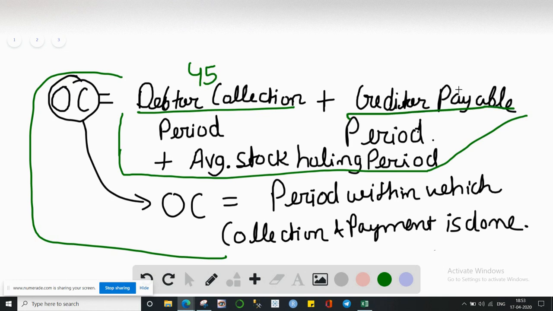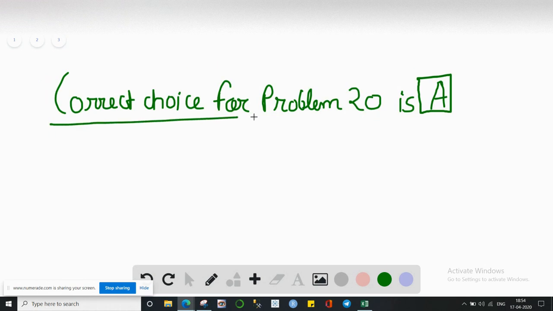It may happen that it takes 10 days to make the payment to a creditor by an entity. So it depends on these cases. Okay, so as of now, we have derived our solution. This is the correct choice of problem 20: A. Thank you.